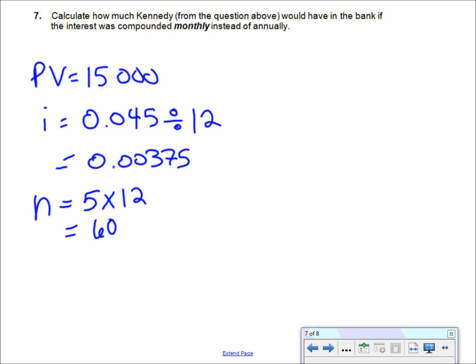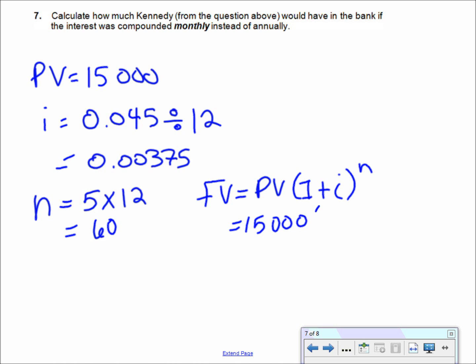So now I'm going to go future value. I'm going to rewrite the equation just because we're on a different slide. Future value is equal to present value, bracket 1, that's a 1, plus i, to the exponent n. So now I have $15,000, 1 plus 0.00375, to the exponent 60.